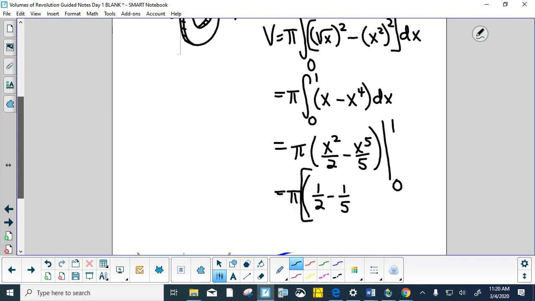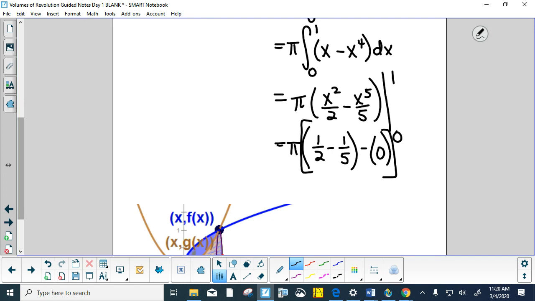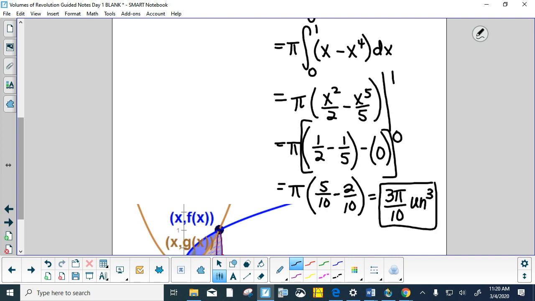And then what happens when I evaluate it at 0? It wipes all those x's out, which is nice. And so then we're going to get a common denominator here, and we're going to get 5/10 minus 2/10, which is 3 pi over 10 units cubed, and you would be right.